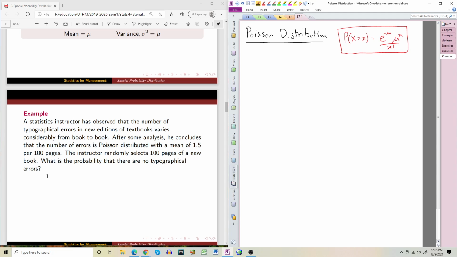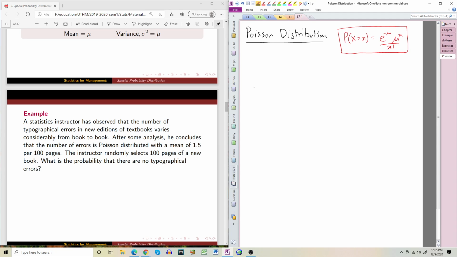A statistics instructor has observed that the number of typographical errors in a new edition of a textbook varies considerably from book to book. After some analysis, he concludes that the number of errors is Poisson distributed with a mean of 1.5 per 100 pages.